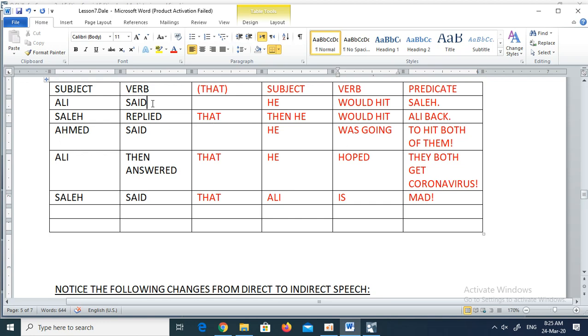So very often when the verb of speaking in the main clause is in the past tense, when we move the direct speech into indirect speech, the verb in the subordinate clause will often move into the past tense also, if it is future tense or present tense in the direct speech.